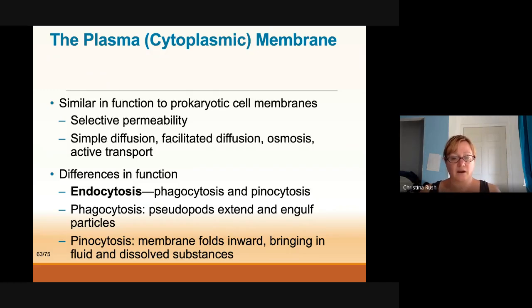So eukaryotic cells have the ability to grab something very large for phago or something smaller, and they will bring these things inside. So we have phagocytosis where they have pseudopods. A eukaryotic cell, such as an amoeba, would have a pseudopod, which is a sort of foot that can extend and engulf particles. And it's eating, that's what it's doing.